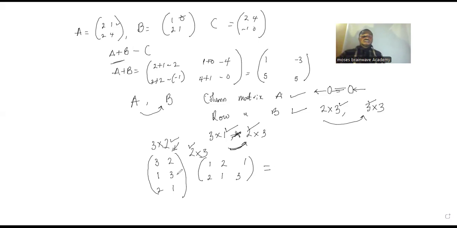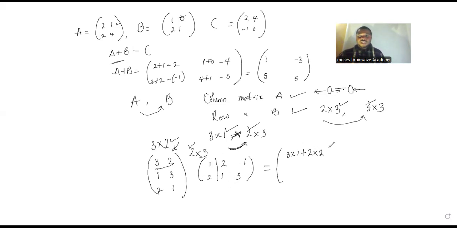So let's try. Multiplication, we're going to take the row to multiply the column. For the first entry, we have 3 multiplied by 1, then plus the last element, 2 multiplied by 2. We still take the first row, multiplying by the next column until we are done with all the columns.